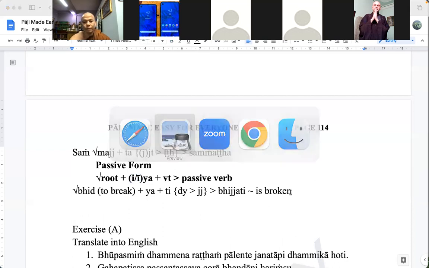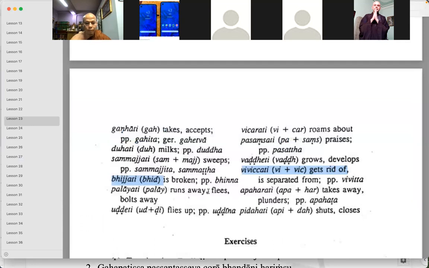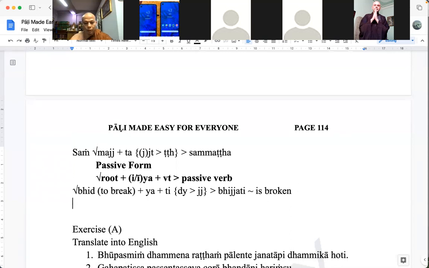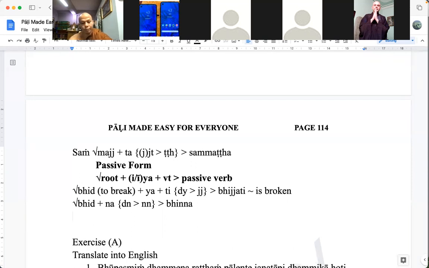And then, now the past participle is bhinna. That bhinna is from the root bhid, and the past participle suffix na. Here, dna changes to nna. So that is how we have bhinna, in this way, broken.